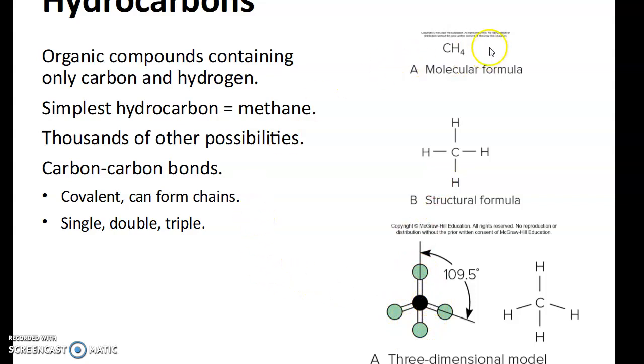From this one, you can build it out by exchanging one of these hydrogens for a carbon and then having it linked to another carbon and another carbon. You can see how you can just keep building on it in this direction, in this direction, in this direction, and of course in this direction. Also you can have double bonds and you can form triple bonds as well. And we'll talk about all of those as we go through this chapter.